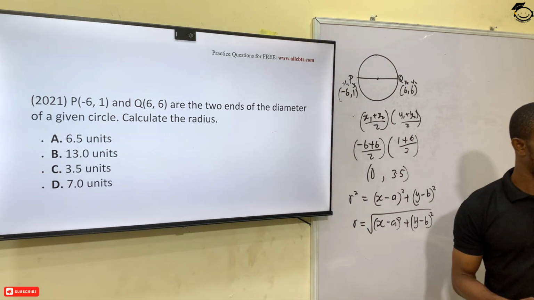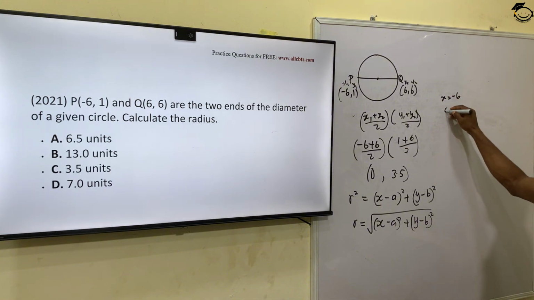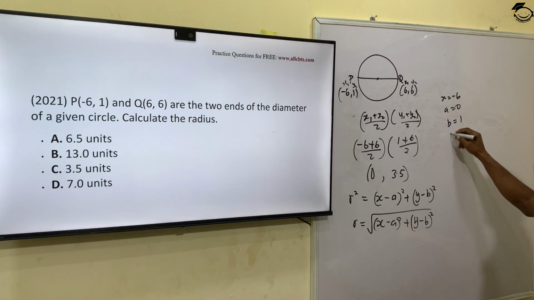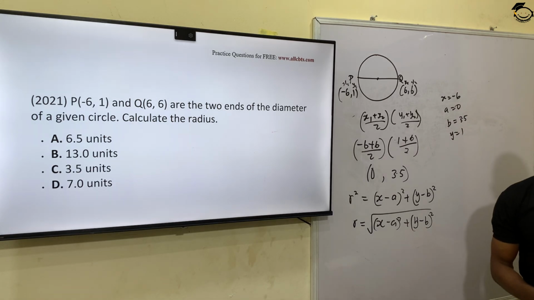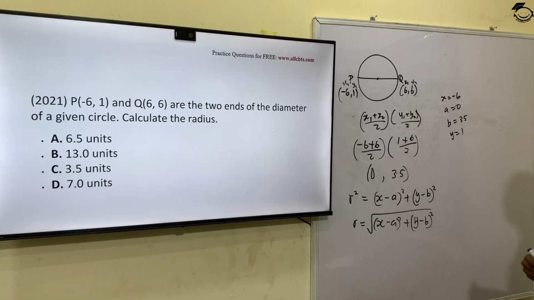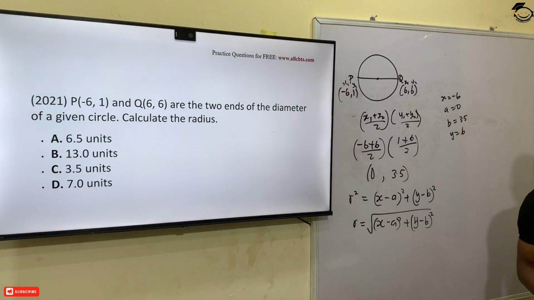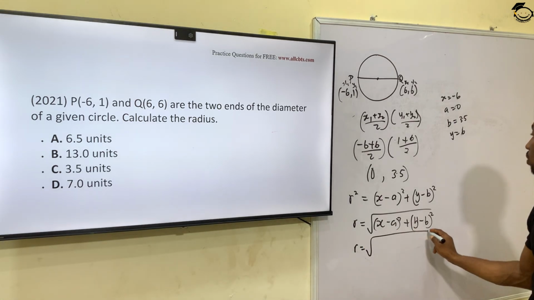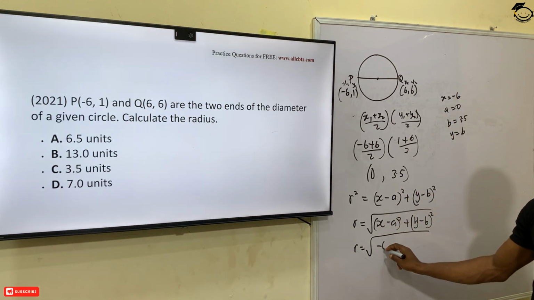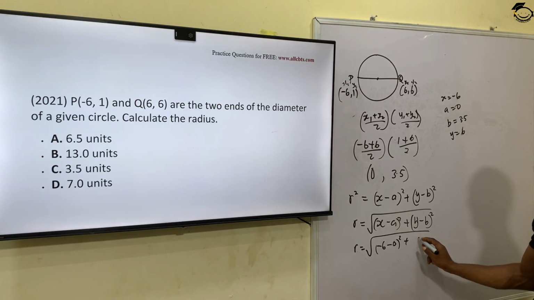Taking x as 6 and y as 6, we have r equals root of 6 minus 0 all squared plus 6 minus 3.5 all squared.